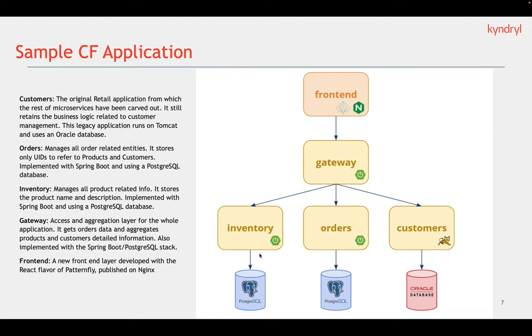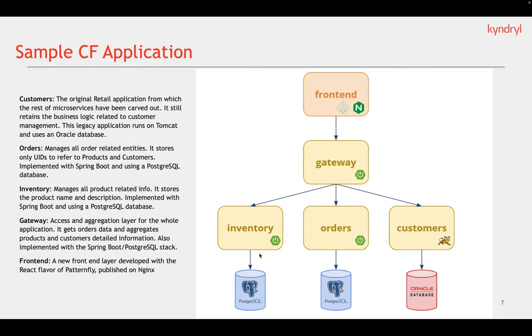And there's a gateway that's effectively the front end that's calling a series of microservices. So one for inventory, one for orders, one for customers. Each of those in turn has a database tier that it talks to. Pretty straightforward stuff, and probably a commonly seen example of microservices orchestration.